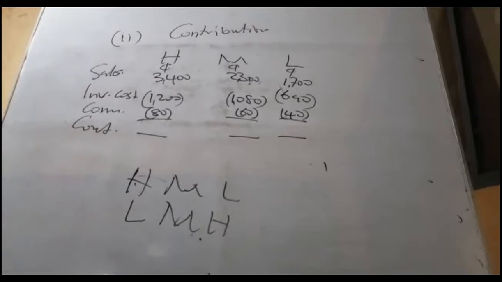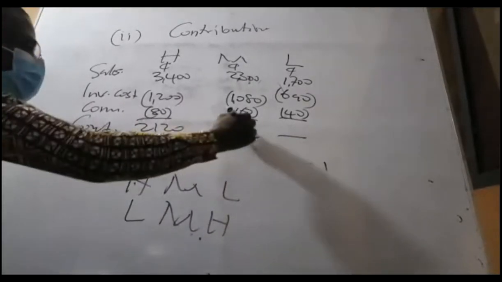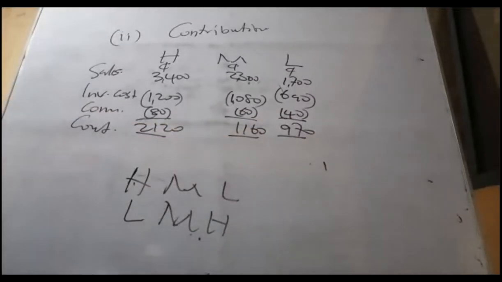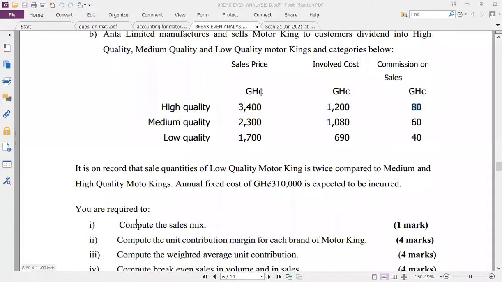Okay, so 2120 and then 1160 and 970. That is all. Yeah, done. So that's all for how many marks? 4 marks. Okay.